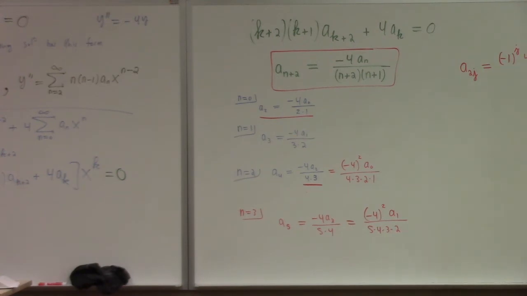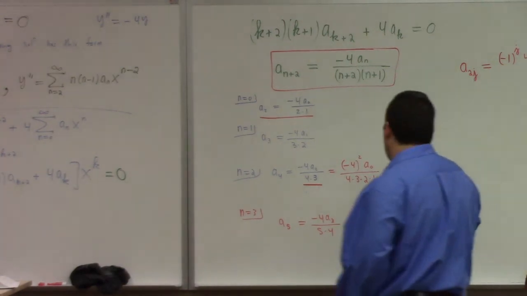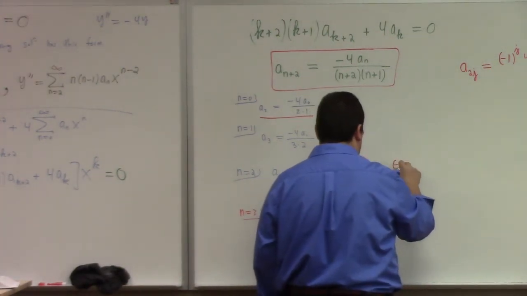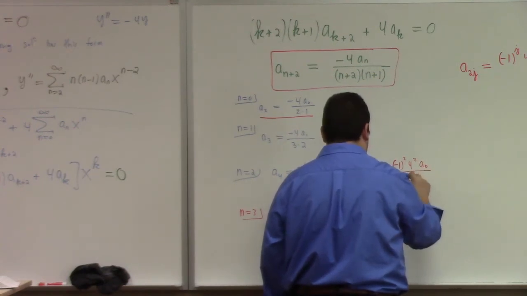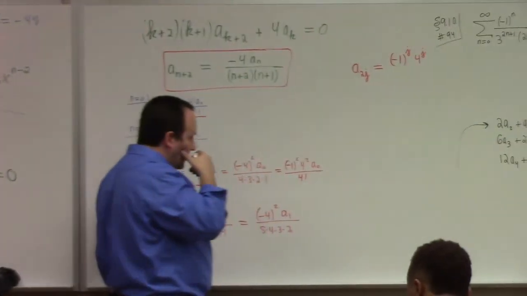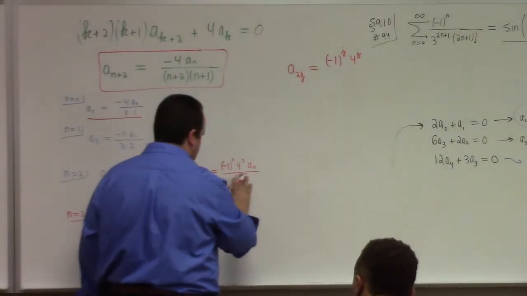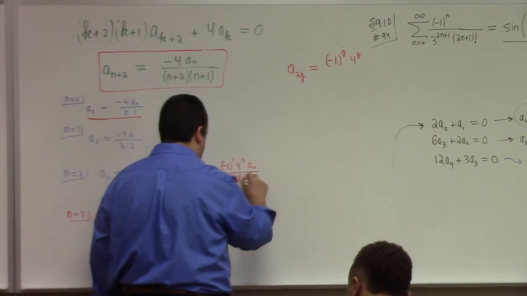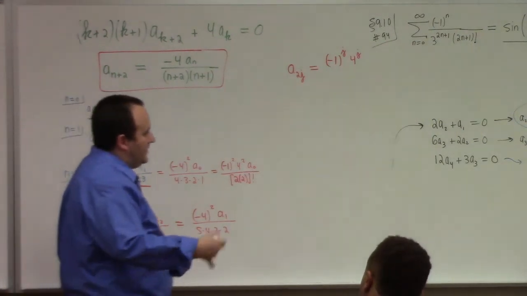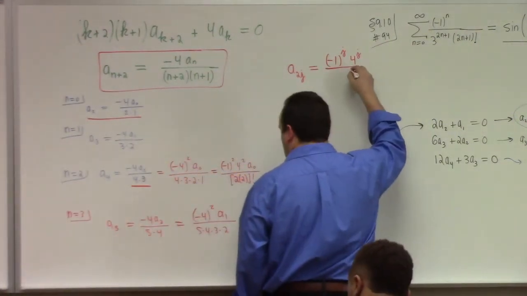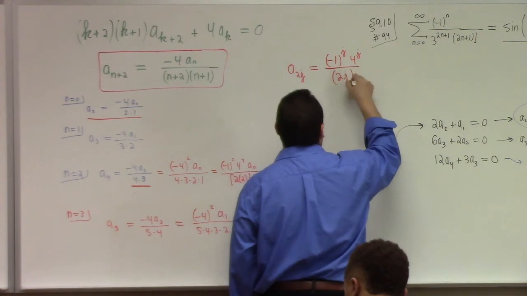Divided by what? Let me rewrite this. This is minus 1 squared times 4 squared a sub naught, right? And down here, we got 4 factorial, which you could also write as 2 times 2 factorial. Anyway, if you keep going with this, you'll see that the pattern there is 2j factorial.